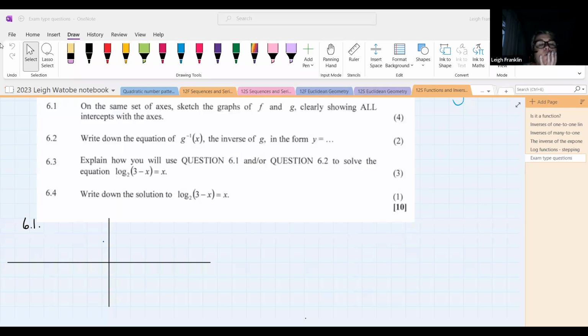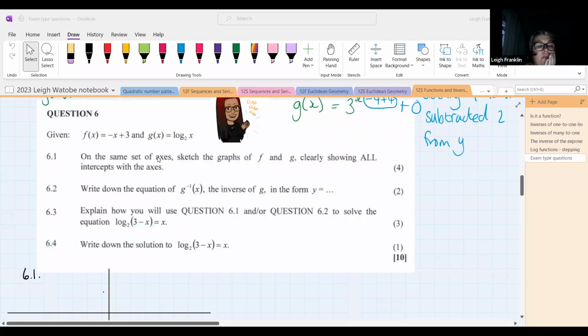Do we know what the y-intercept of this particular graph is? Of f of x? Do we need to calculate that? Yeah, we can calculate. It's 3, exactly. So we're not going to waste our time calculating it. If we want to calculate the x-intercept, what would we do? What would we do for the x-intercept?